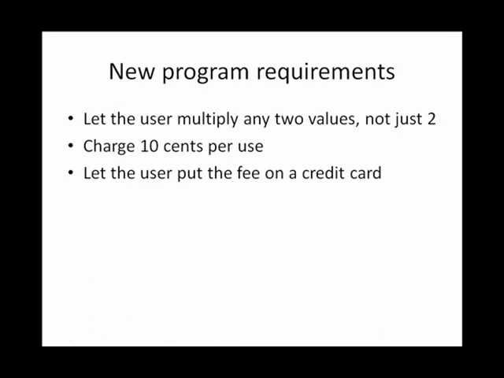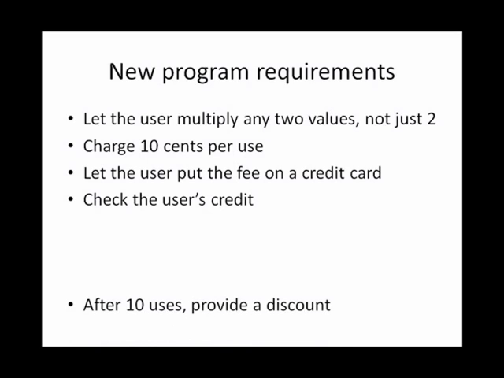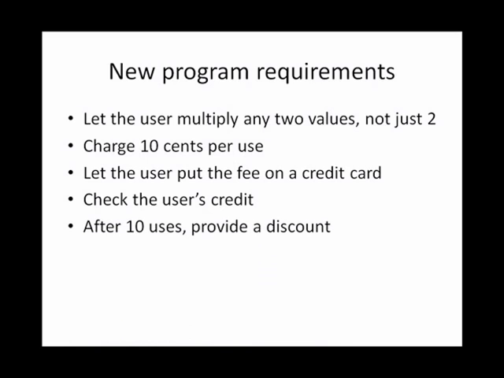And let's let the user put the fee on a credit card, so add that capability to the program. And of course, if the user is going to put the fee on a credit card, let's have the program dial into the credit card company and make sure the user has money available on a credit card. And you know, our good users, after they use the program 10 times, let's give them a discount and not charge 10 cents per use, but only 8 cents. And so on and so on and so on.